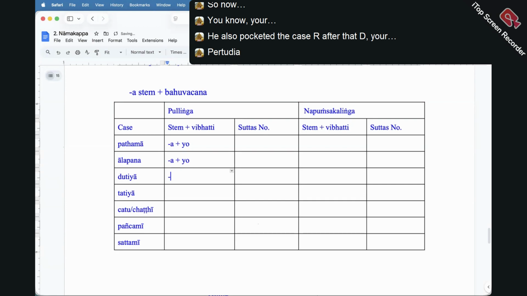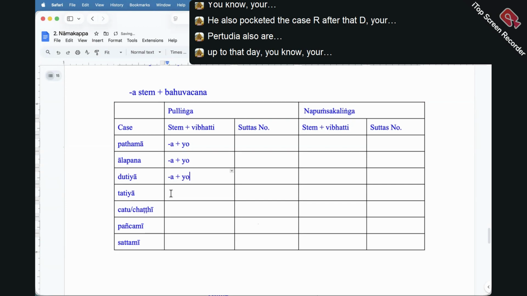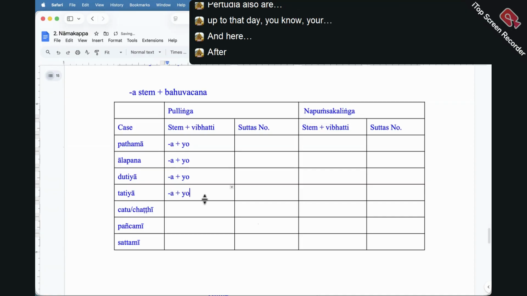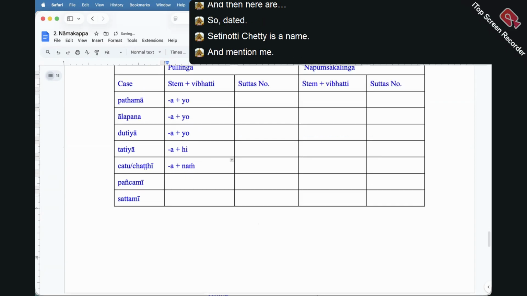Dutiya also, after that the yo. And here, after that the he. And then here, after that the so. Jadoti, Chati is the name. And then the he, and then the su.